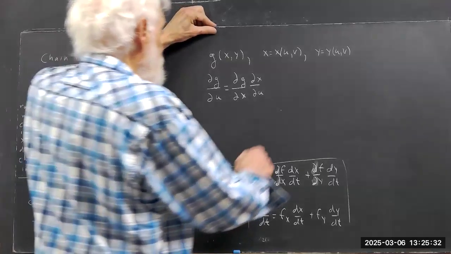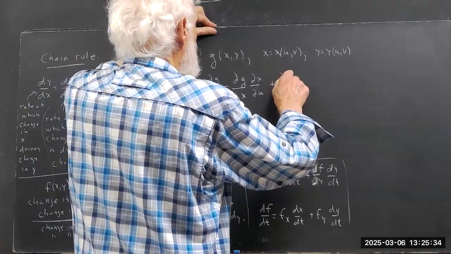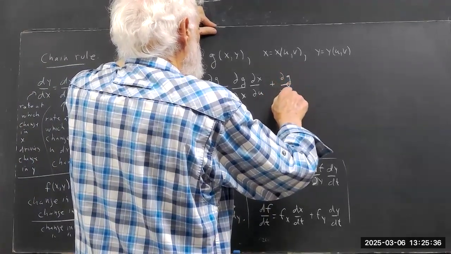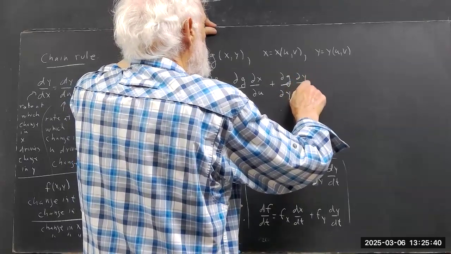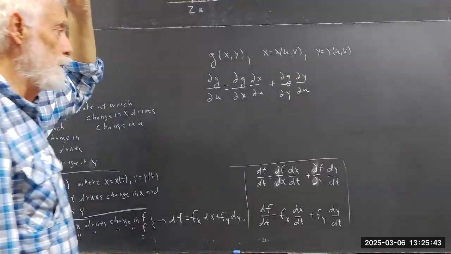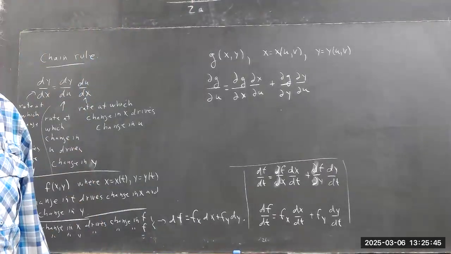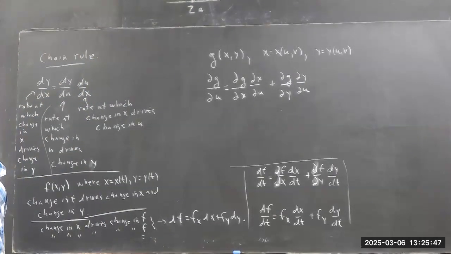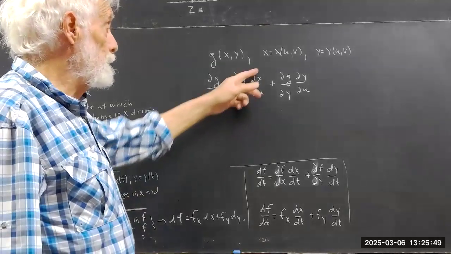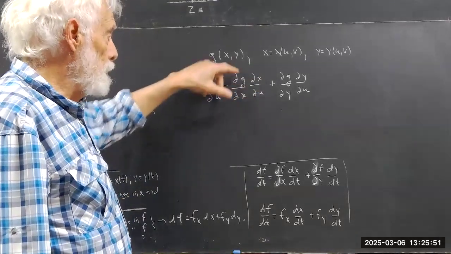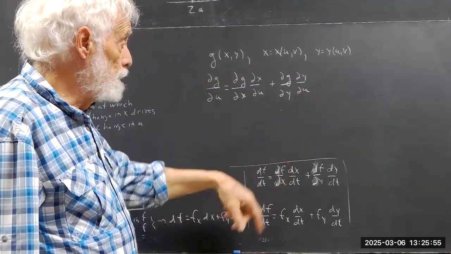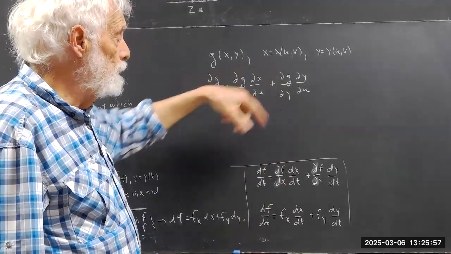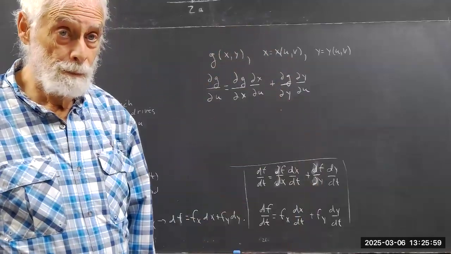Okay? But of course, g also changes with respect to y. And y changes with respect to u. Okay? So a change in u causes x to change, which contributes to the change in g. A change in u causes y to change, which contributes to more change in g.